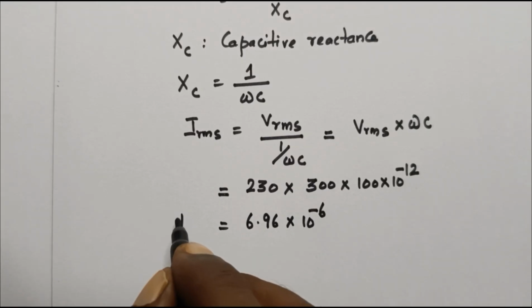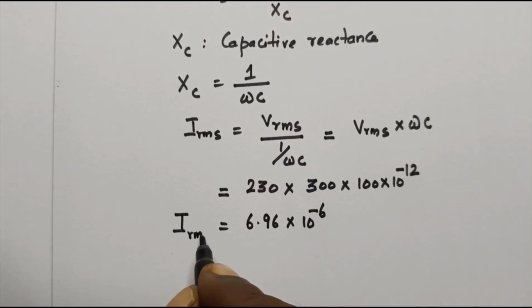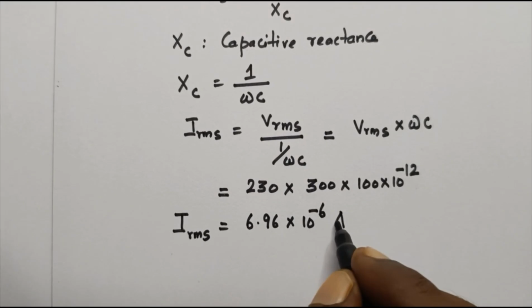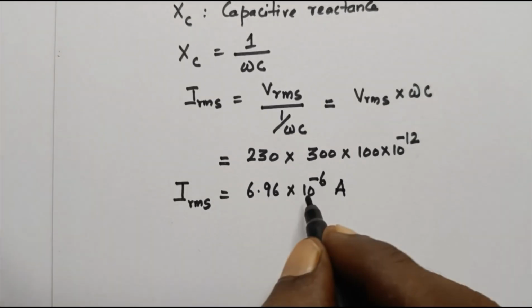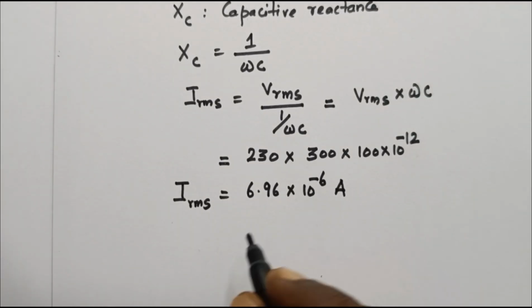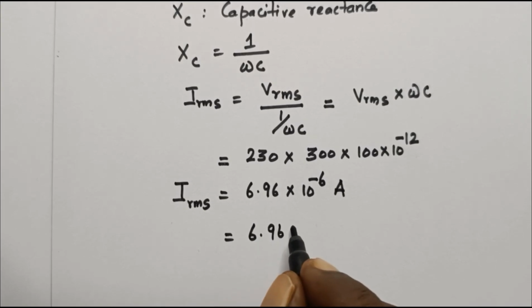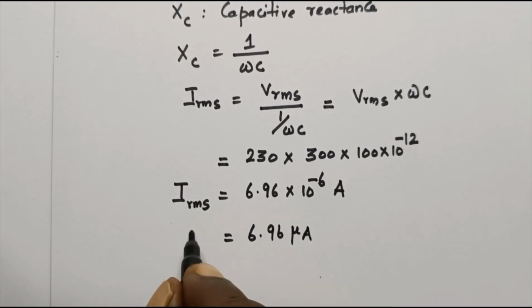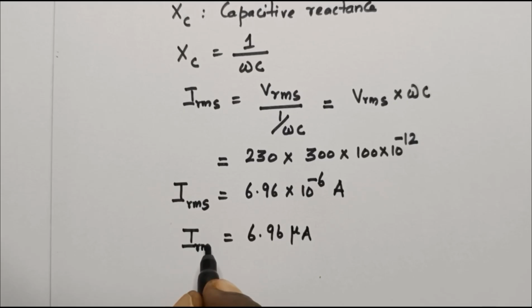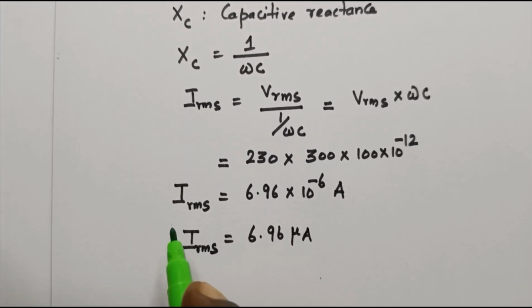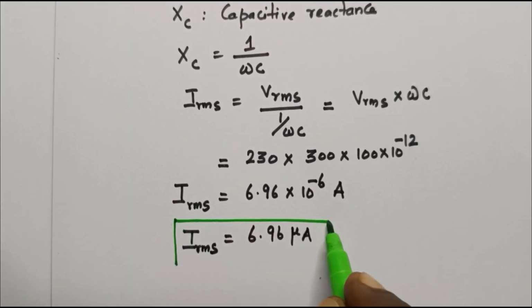So this is the RMS value of conduction current. Unit of current is ampere. 10 to the power minus 6 can be written as micro. Therefore, this is equal to 6.96 microampere is the RMS value of the conduction current. This is the answer for the first question.